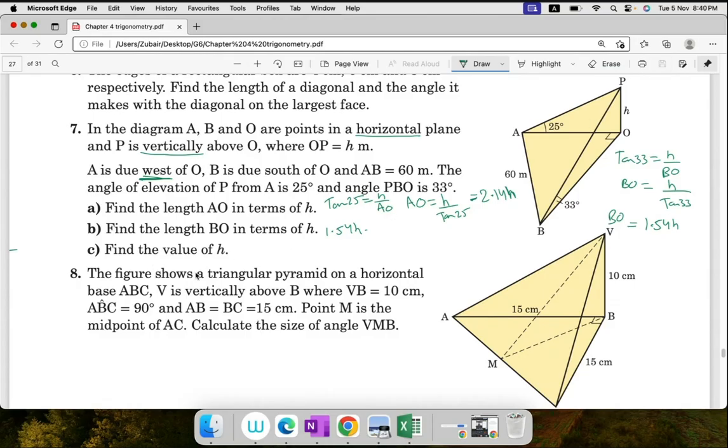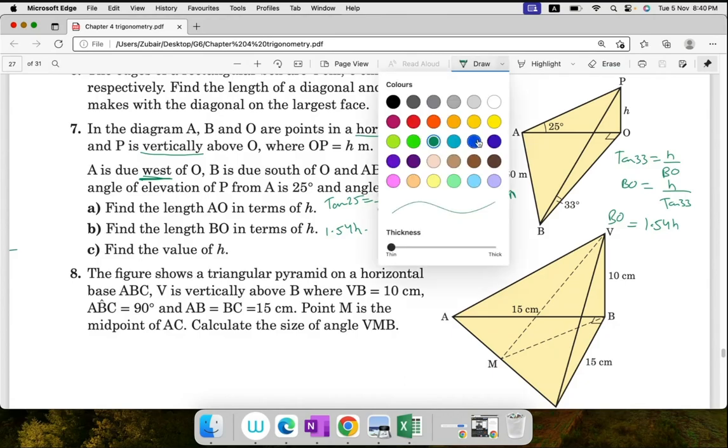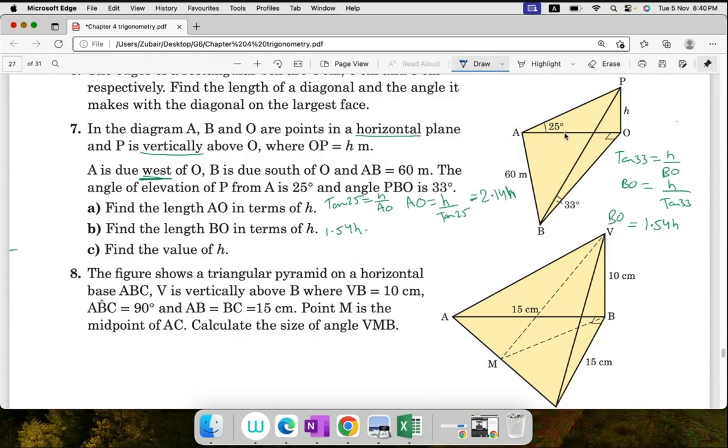Let's just find the value of H. Let me write these two. AO is already 2.14H and BO is 1.54H.